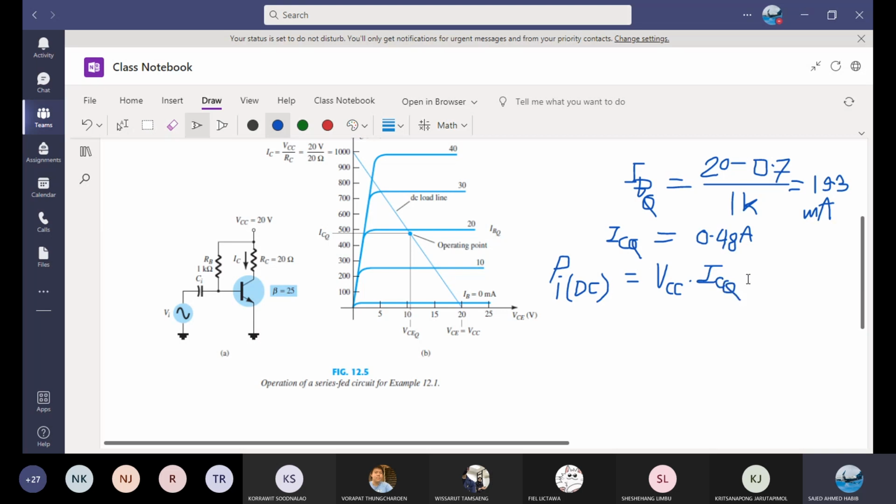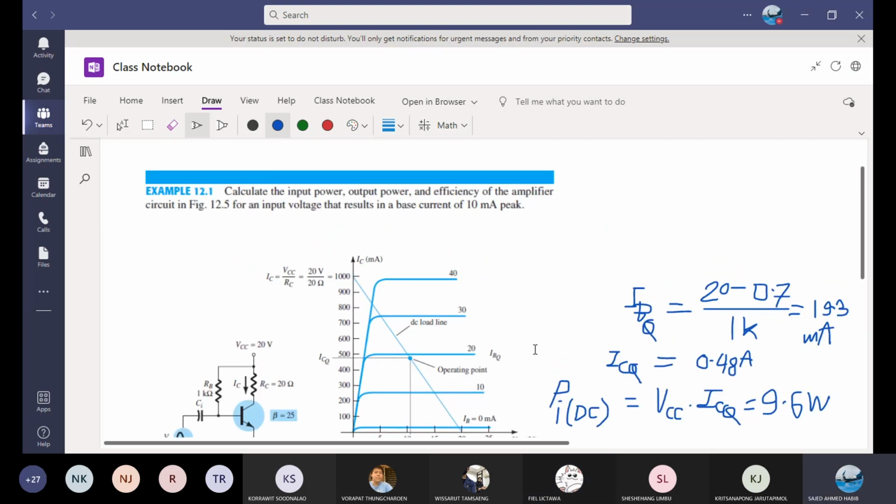What's the answer? 20 volt times 0.48 ampere, 9.6 watt is the input power. 48 times 2 is 96, so it should be 9.6 watt. Is this one correct? Yes.